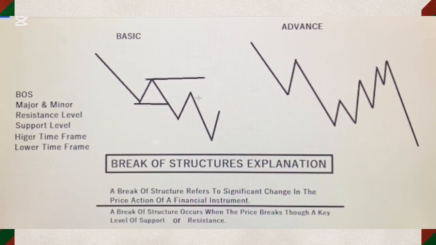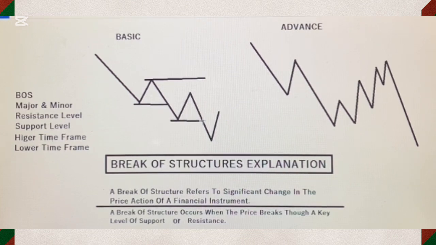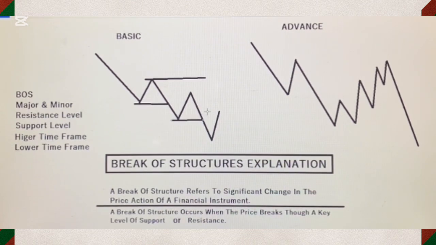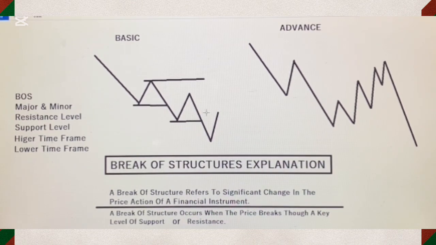So the market reversed back and went back down and broke another break of structure. In this kind of basic break of structure, you can identify this on a higher time frame.